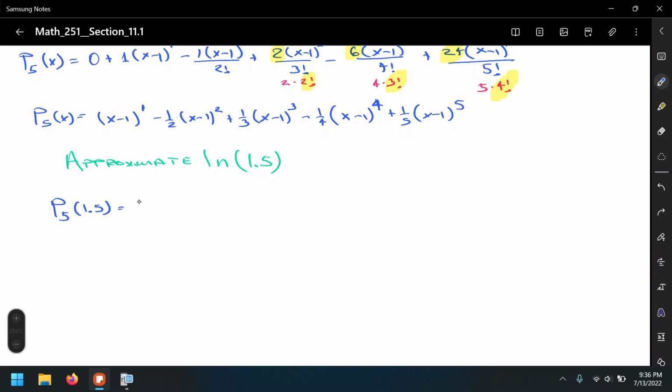So that's 0.5 to the first power minus 1/2, 0.5 to the second power plus 1/3, 0.5 to the third power minus 1/4, 0.5 to the fourth power plus 1/5, 0.5 to the fifth power.